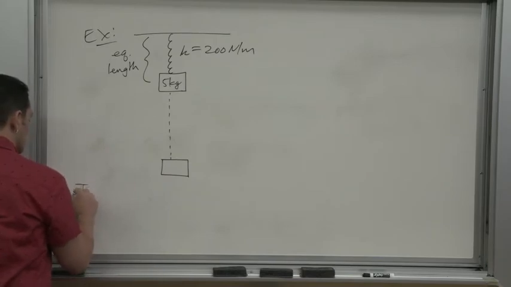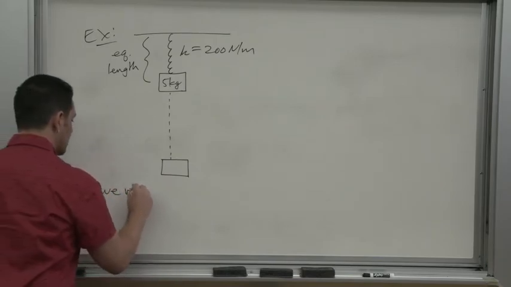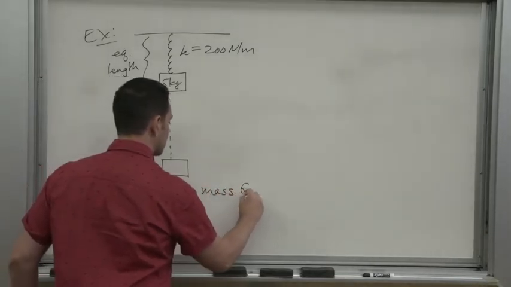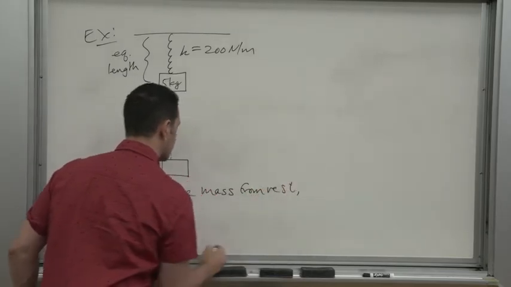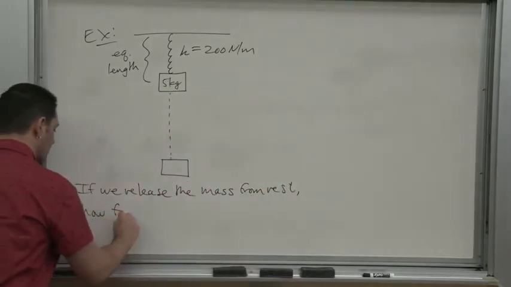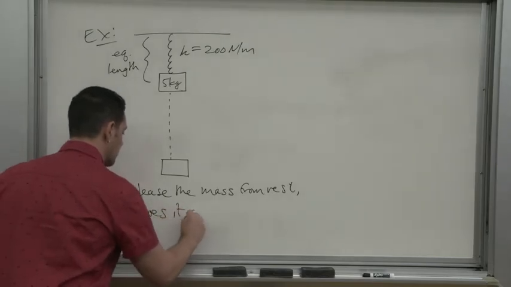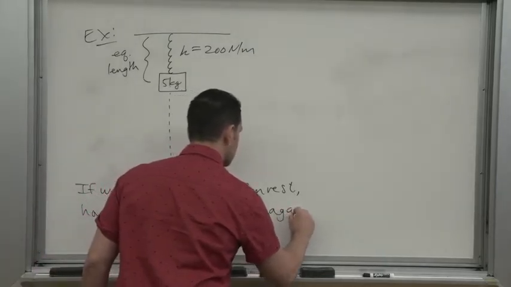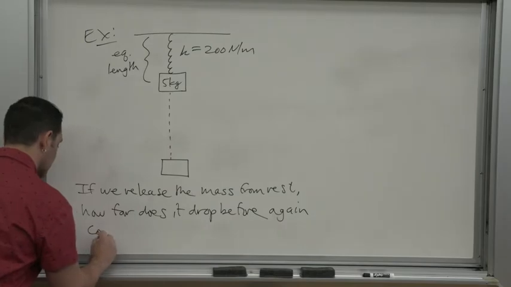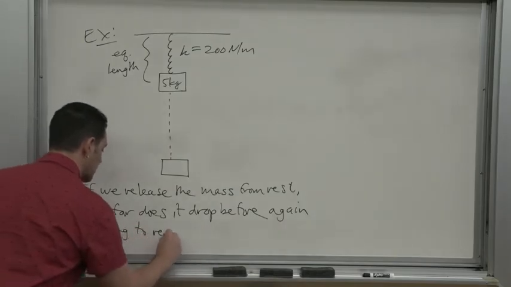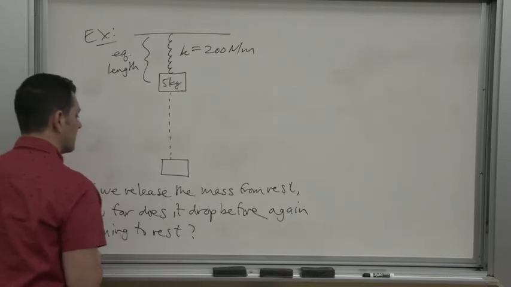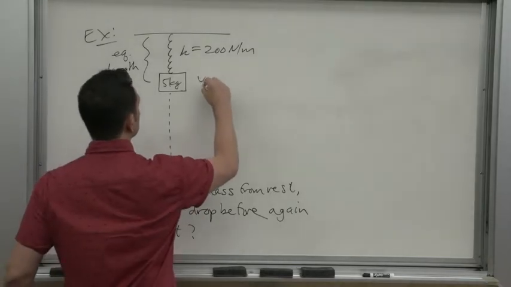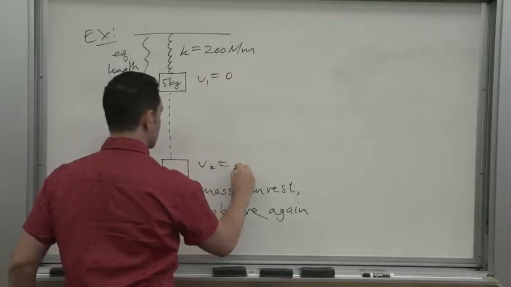So if we release the mass from rest, how far does it drop before again coming to rest? We'll drop down to a certain point. So we're going to say V1 is equal to 0 and V2 is equal to 0.